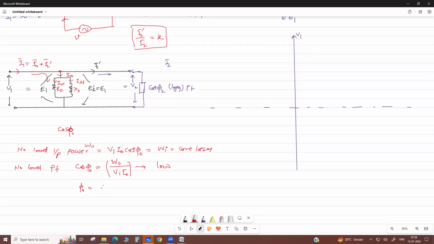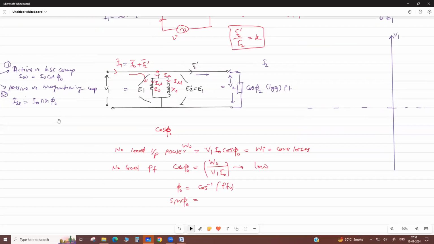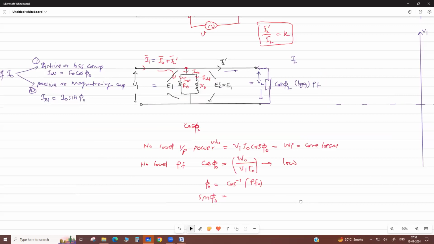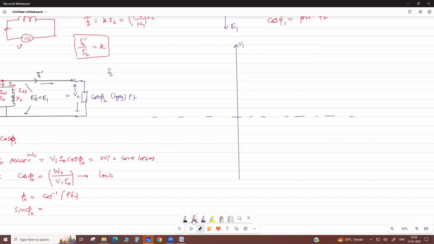Then phi naught is the cos inverse of it, and you can take sin phi naught. I naught we measure with an ammeter, so we can easily calculate these two factors. Low power factor means more lag, so the angle phi naught is large.